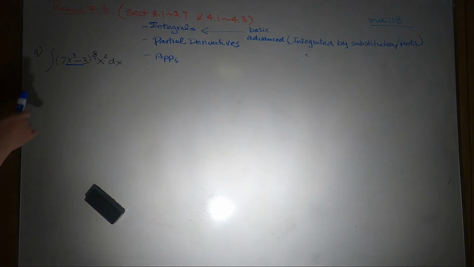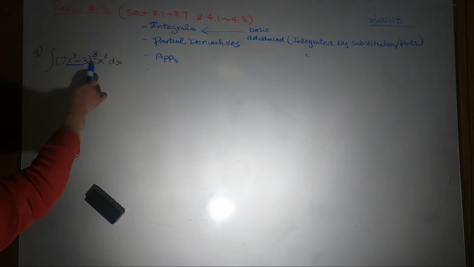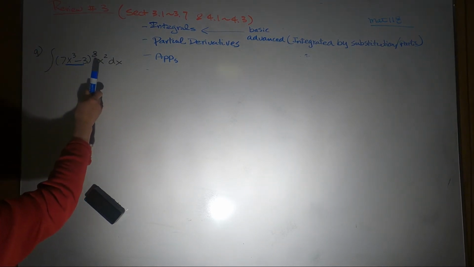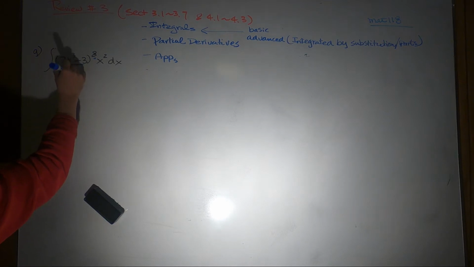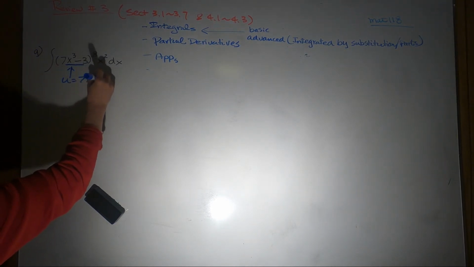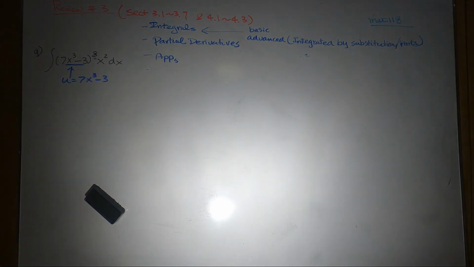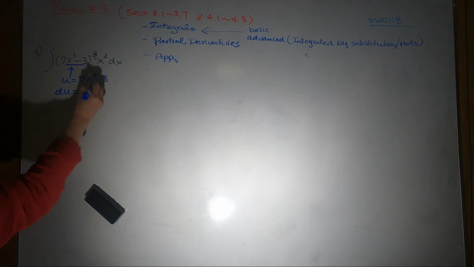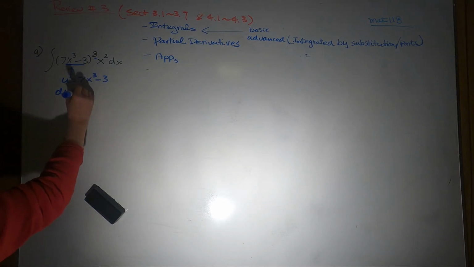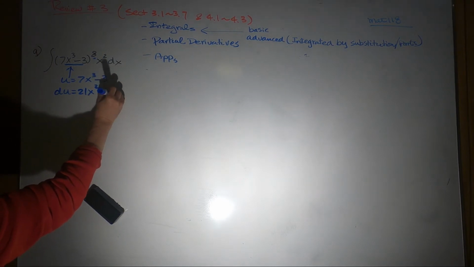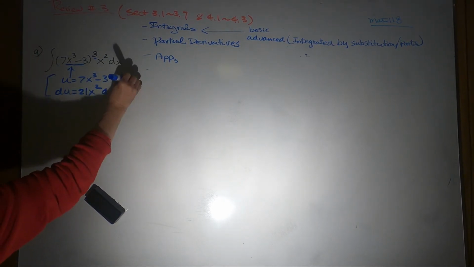Because the chain rule inside of this just happens to give the x squared, right? So you will make the inside u equals 7x cubed minus 3, right? Then your du would be 3 times 7, 21x squared dx. Is that right?